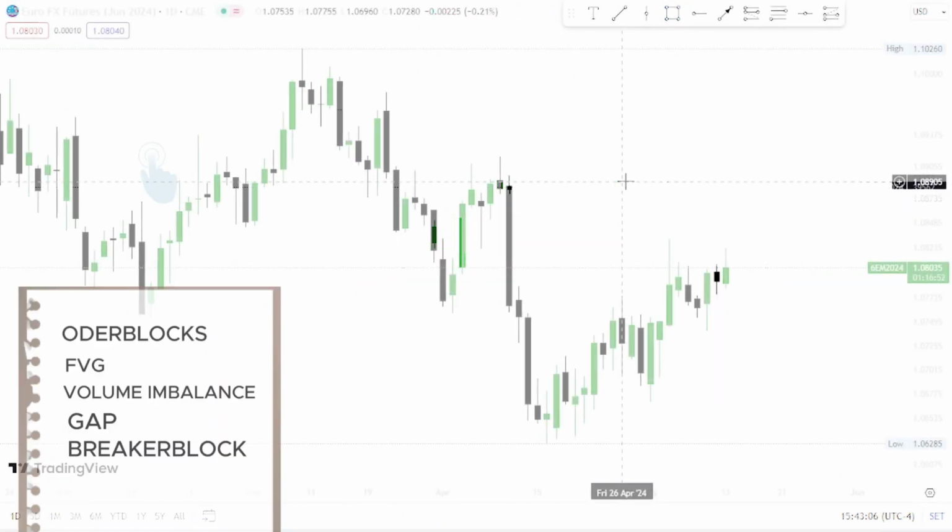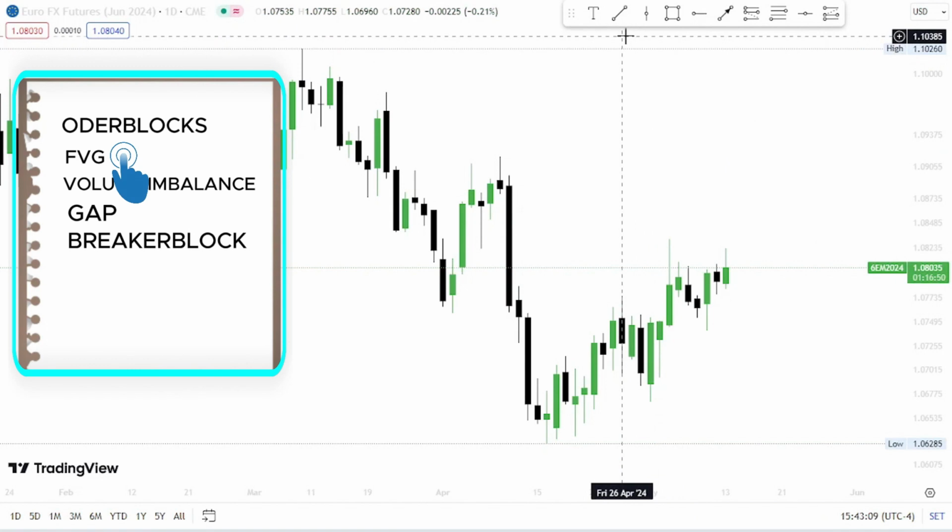The next PD array is going to be fair value gaps.